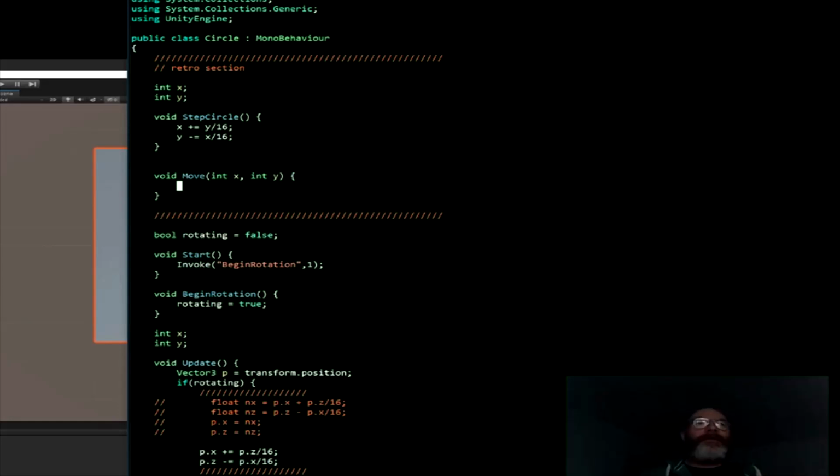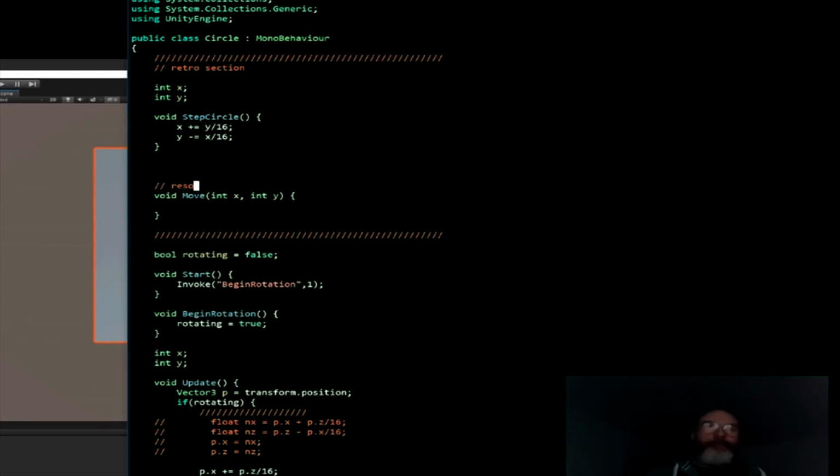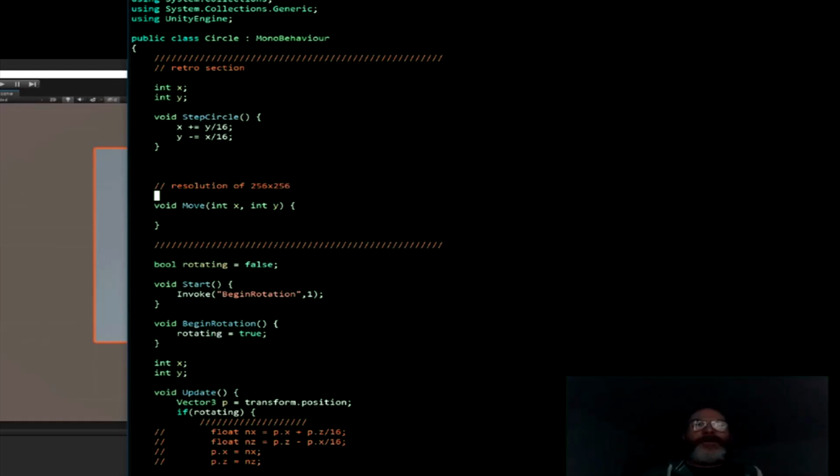It's going to take an int x and an int y, because we're doing this all in the very old school way, instead of taking a vector. And what it's going to do is move with a resolution of 256 by 256, so we're going to give it a number between 0 and 256 for the x.